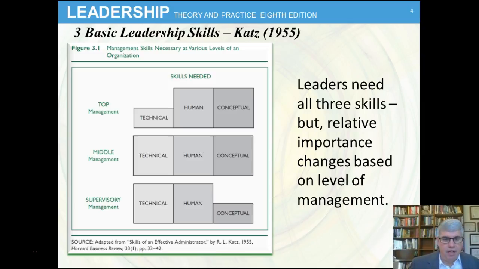And here we've got this figure, and we've got three layers of leadership. Down here we've got supervisory management. So let's suppose that we're talking about a pizza making company. The supervisory management is maybe like the guy who supervises one of the pizza making stores the mornings Monday through Friday, and he's got 4 people that work for him.